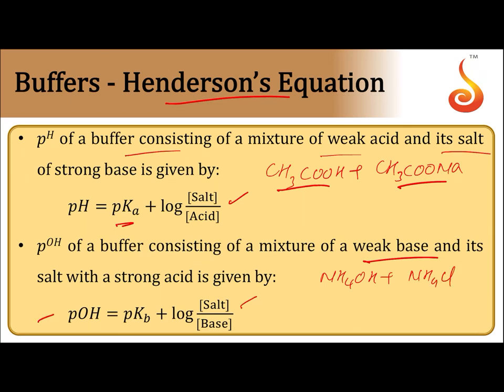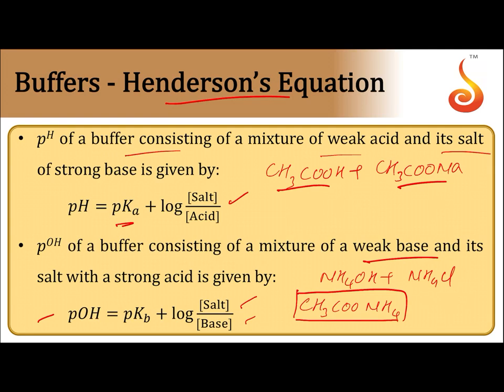For the basic buffer, pOH will be given as pKb plus log of concentration of salt by concentration of the base. And we know that a buffer resists the change in pH on adding a small amount of acid or base, even upon dilution. Even an aqueous solution of a salt of a weak base and weak acid, for example CH3COONH4, acts as a buffer.